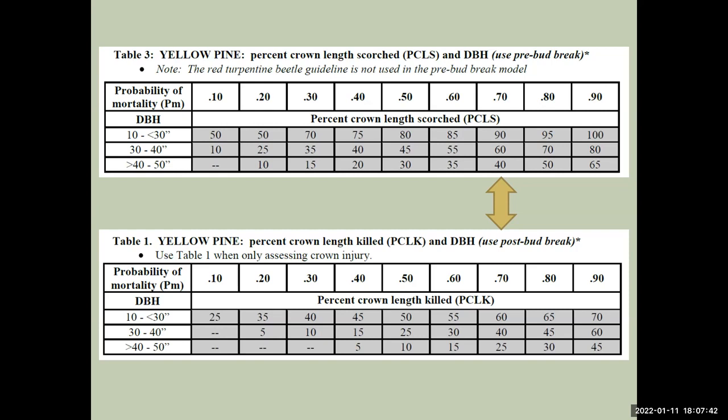If you choose to mark trees at a 90% probability of mortality level, you're really giving most of the trees out there the benefit of the doubt and allowing them to kind of play themselves out. So it's a very conservative mark. And then as you go for lower probabilities of mortality, you're being much more aggressive. So you're willing to take trees that may have had some chance of living.